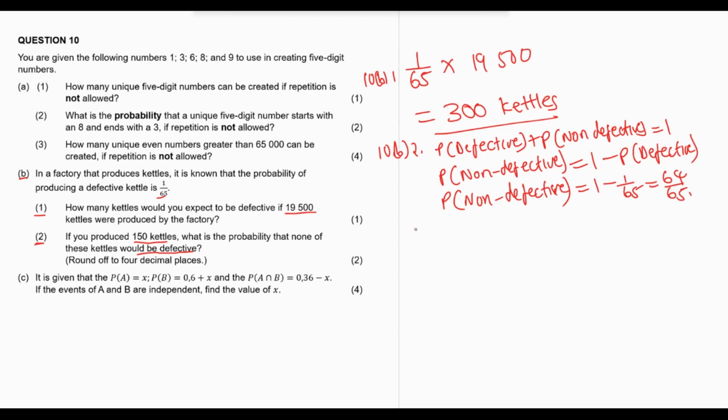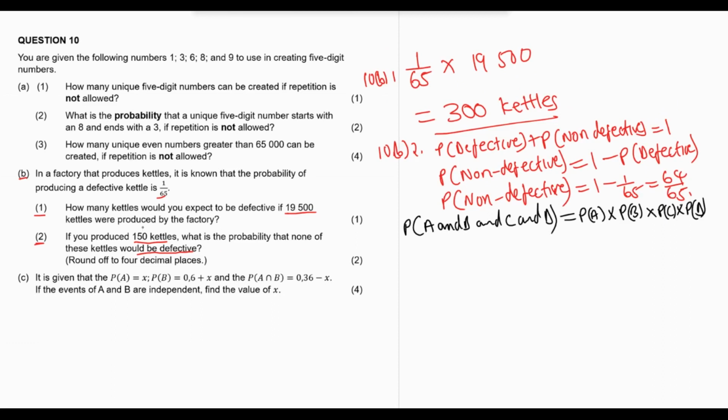Let's say you have event A and event B and event C and event D. If we have probability of A and B and C and D, and these are independent events, this is equal to probability of A times probability of B times probability of C times probability of D. So it can be extended to any number of events.